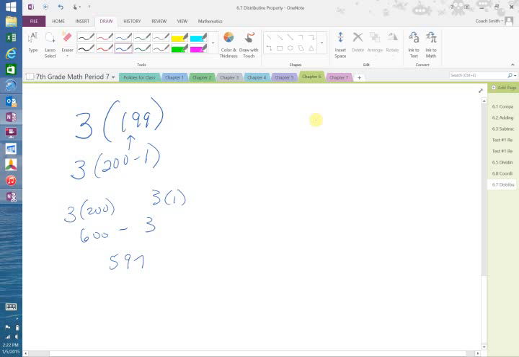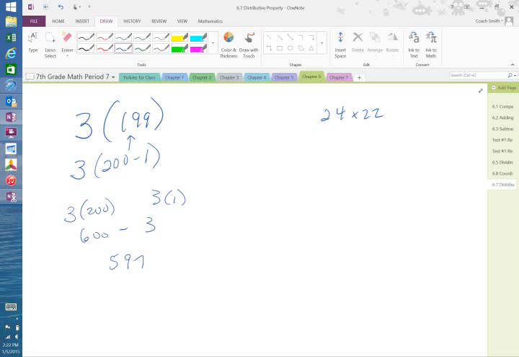All right. Let's look at this problem right here. 24 times 22. Okay. Now, I can do that problem with the distributive property, or I can do that problem like you've regularly done it.